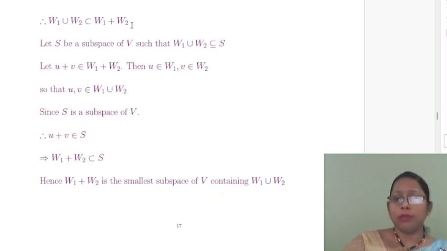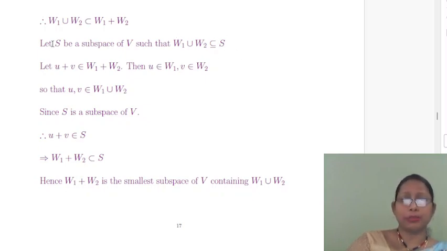Then our proof is done. For that, we consider S to be any subspace of V such that S contains w1 union w2. Next we consider any element u plus v belonging to w1 plus w2. Then u belongs to w1, v belongs to w2, so that u, v belong to w1 union w2, and w1 union w2 is a subset of S. S is a subspace.